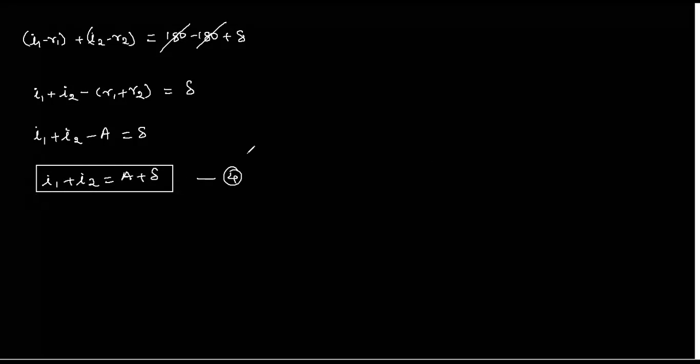Now this is finished for I1 plus I2. Now for angle of minimum deviation, I1 is equal to I2, comma R1 is equal to R2.